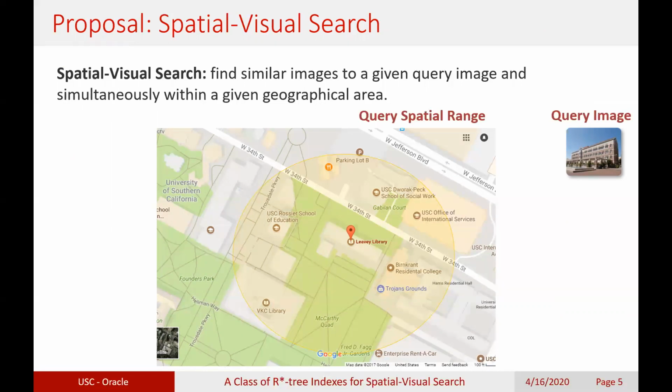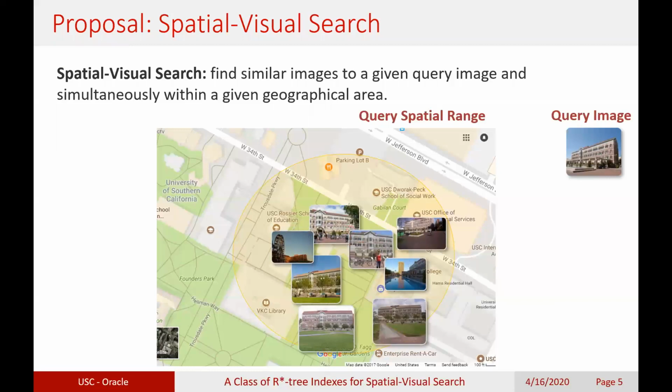We refer to such type of search as spatial visual search. Particularly, it is the mechanism of finding similar images to a given query image and simultaneously within a given geographical region. This type of a new image search requires developing a new index structure for efficient search.